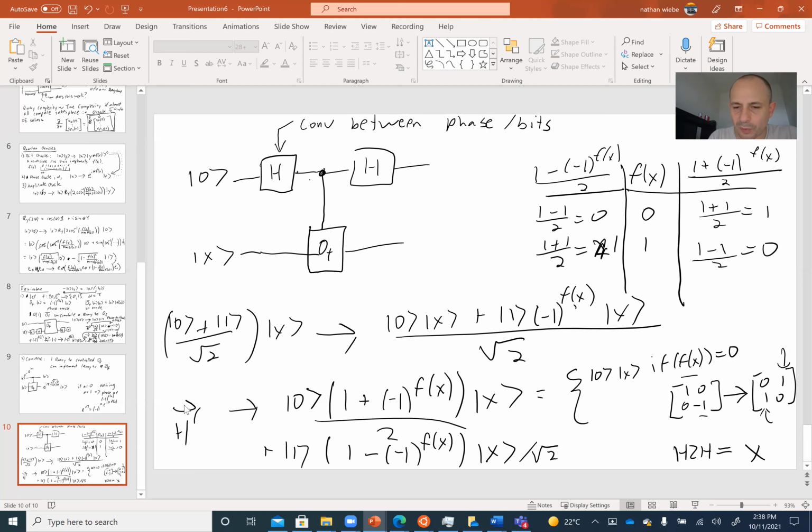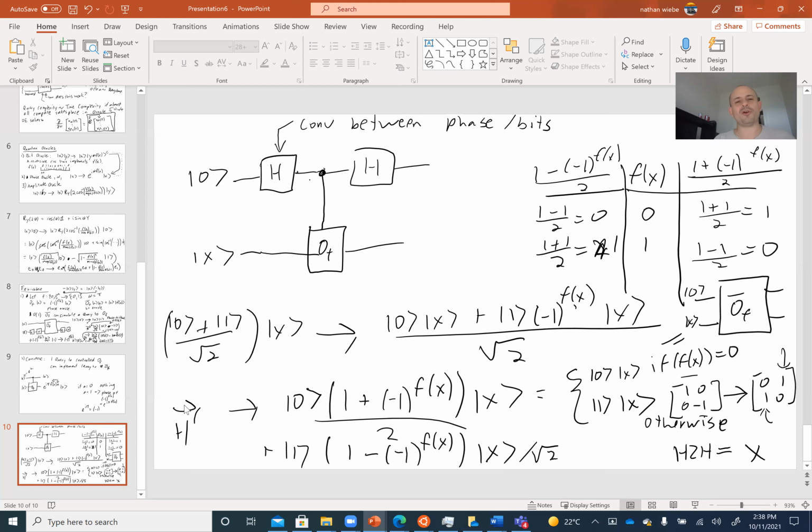So this means that the following state holds, which is, of course, equal to the exact same result that we would get by feeding 0 and x into our bit oracle.